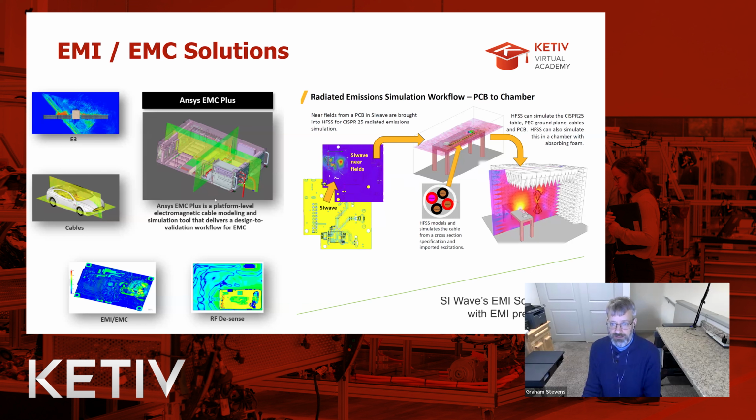Typically, this radiated emissions simulation is also an expensive test, and we can now fully simulate your full device, both at the board level with SI Wave, using EMC Plus on the cable side, and then HFSS on the emission side. And then SI Wave's EMI scanner assists with EMI prevention in terms of design of the boards.